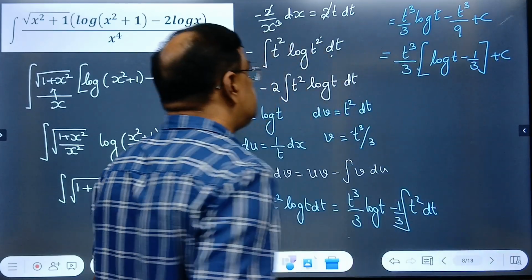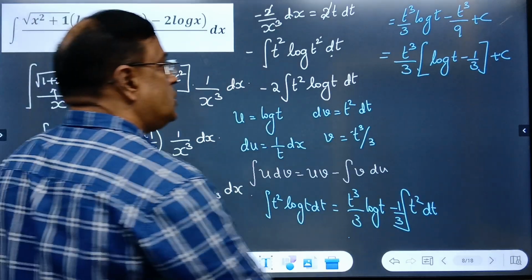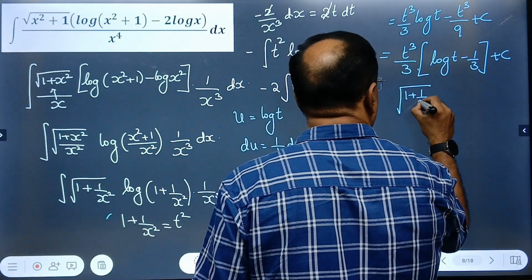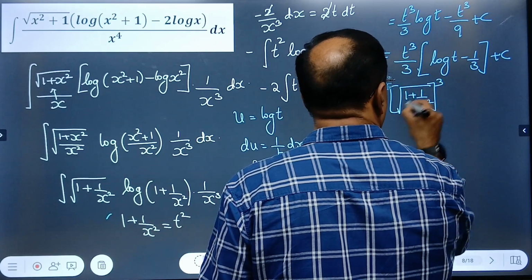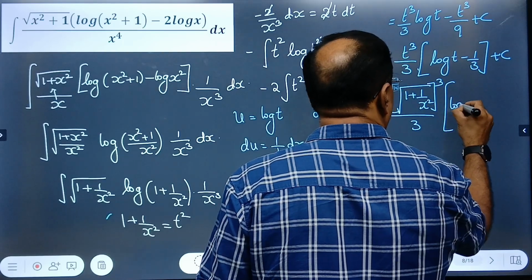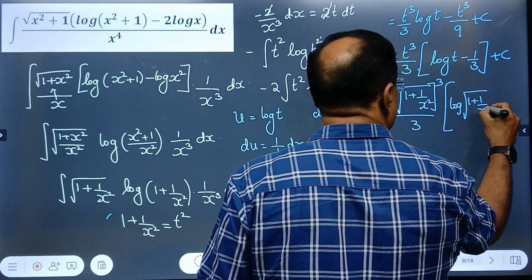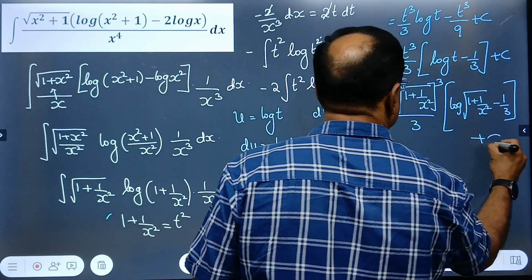So now final substitution. So what is t? My t is root of this. So I will write this as root of 1 plus 1 by x square the whole cube by 3 into log of root of 1 plus 1 by x square minus 1 by 3 plus c.